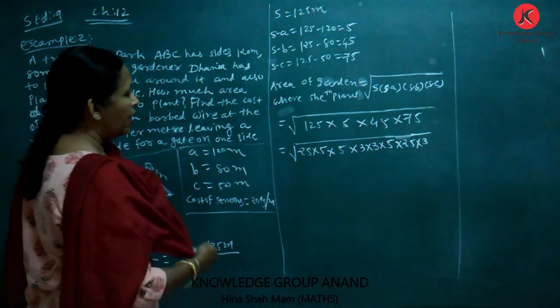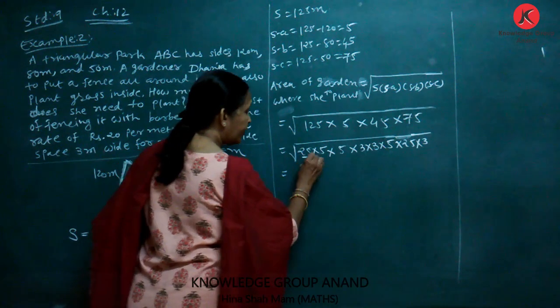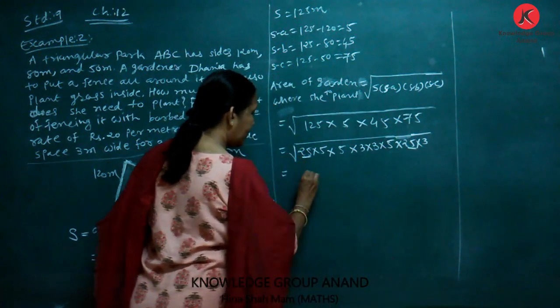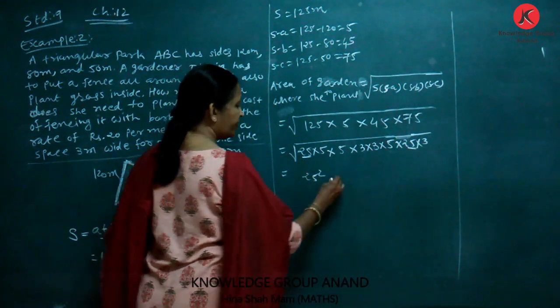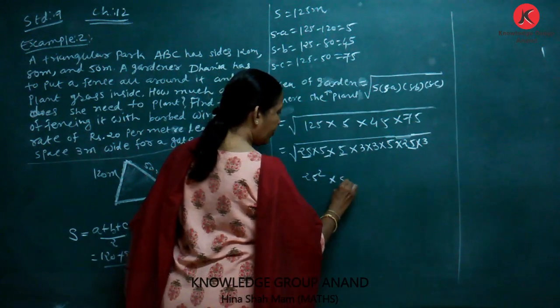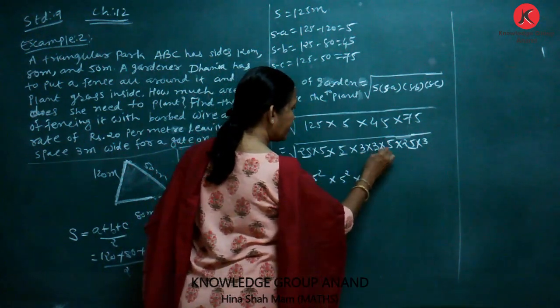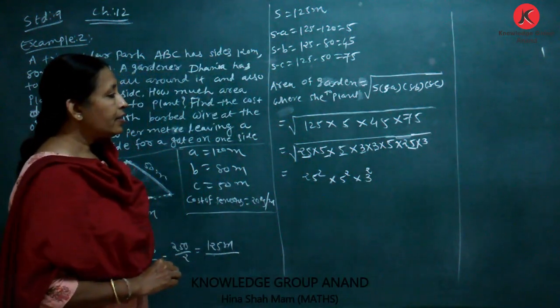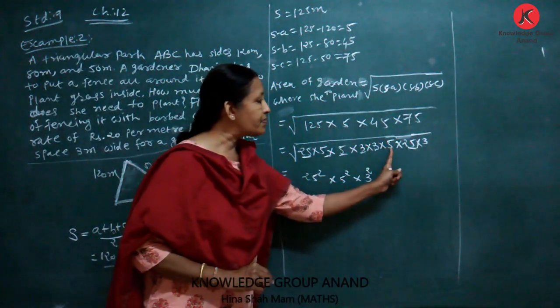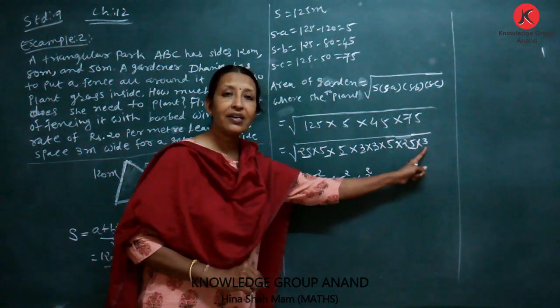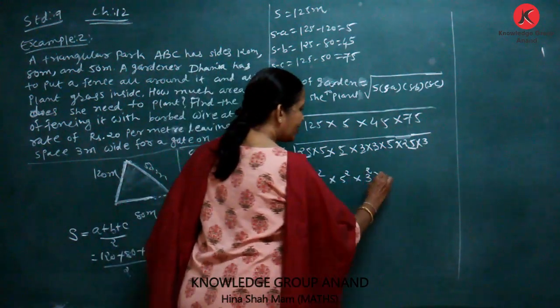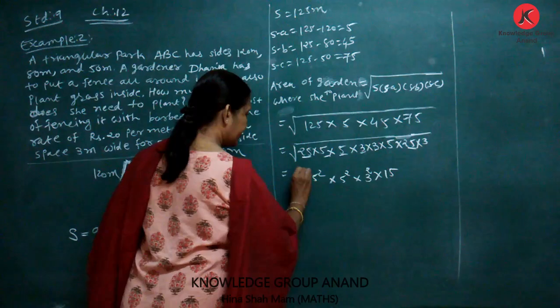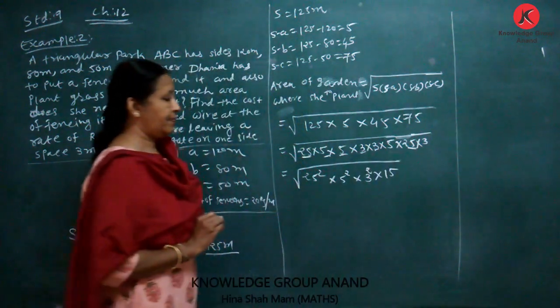Now we write 25 square into 5 square into 3 square, then the multiplication of the remaining terms: 5 threes are 15, so we write 15 like this.